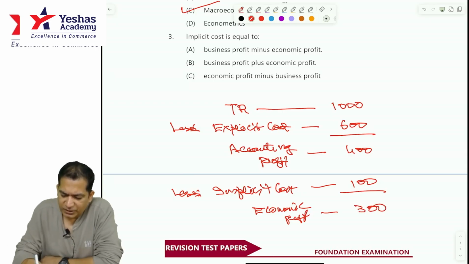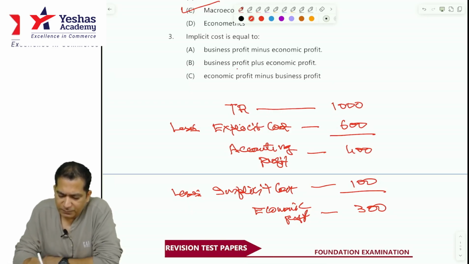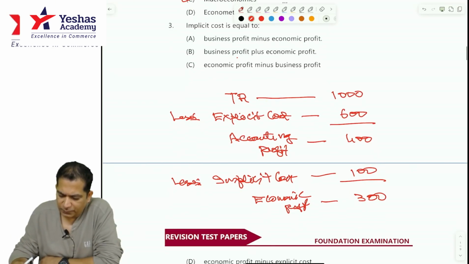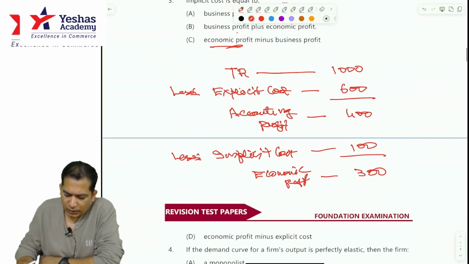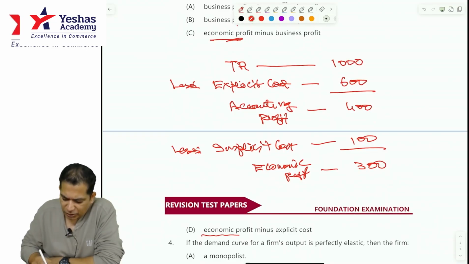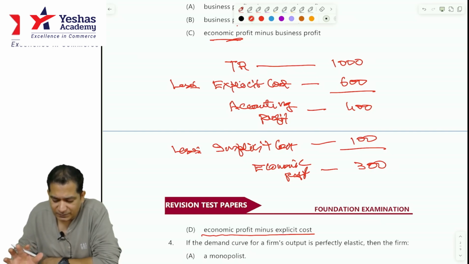So business profit minus economic profit, of course, cannot be the answer. Business profit plus economic profit, it means accounting plus this, 700. No. Economic profit minus business profit. So here they've given economic profit minus explicit cost, which in the RTP they've given as the correct answer.